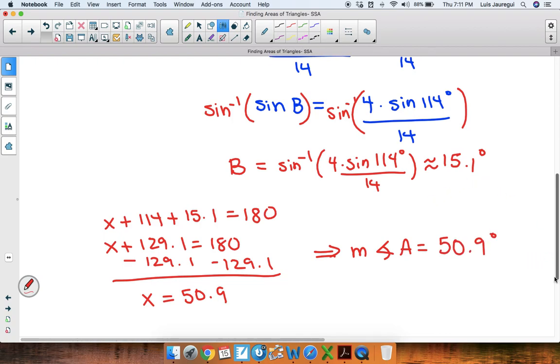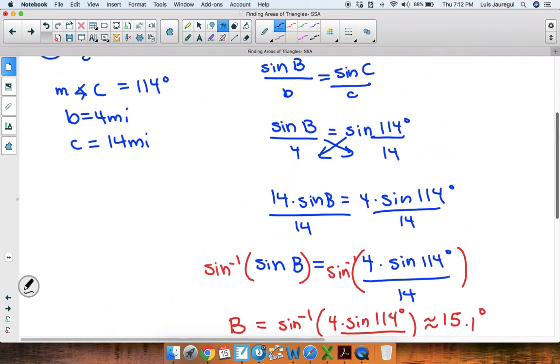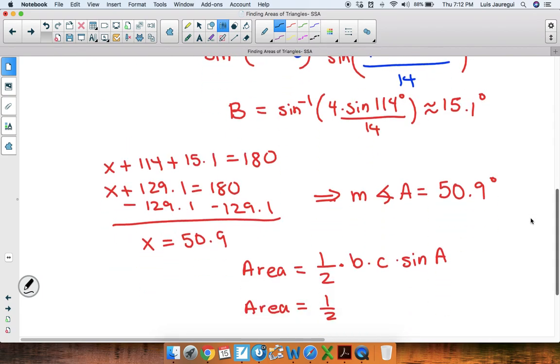Now with that given information and the previous information we knew, we can say that the area of the triangle is equal to 1/2 times b times c times sine of A. So we have that the area is equal to 1/2 times our b, but recall that b we said was equal to 4 miles and c was 14 miles.